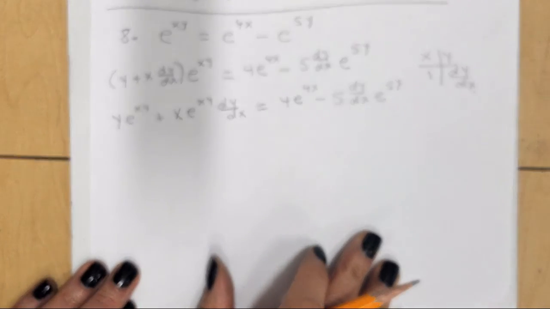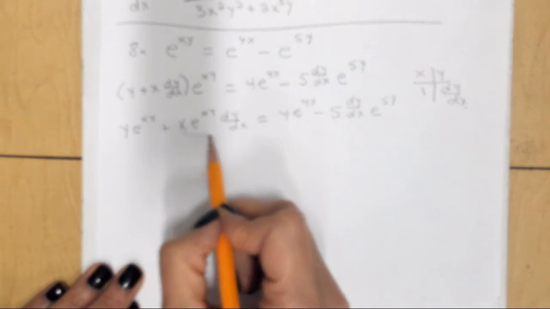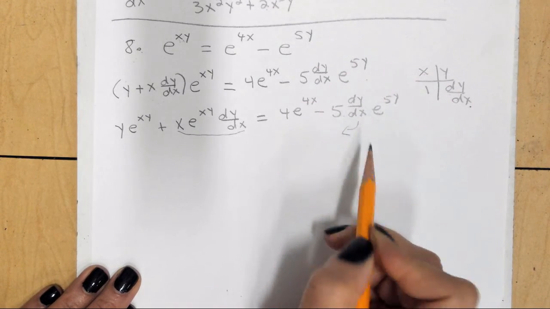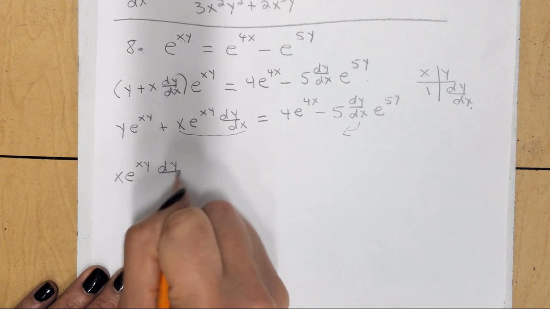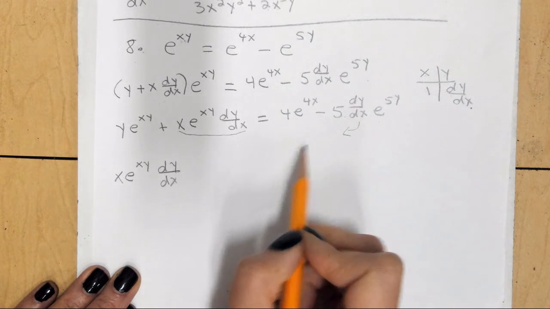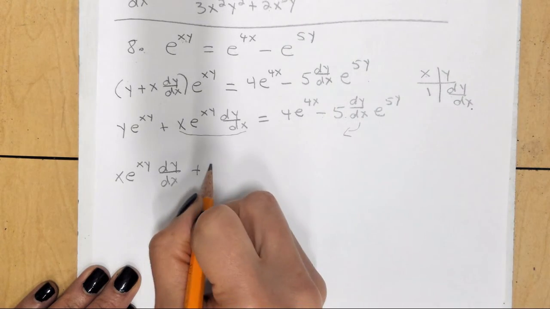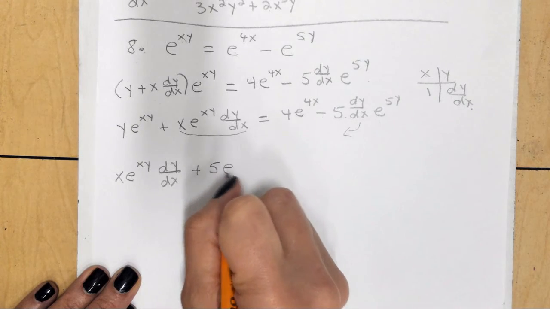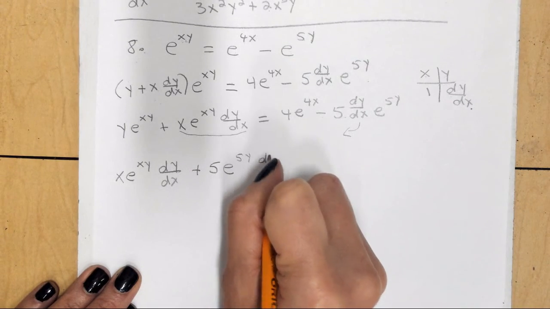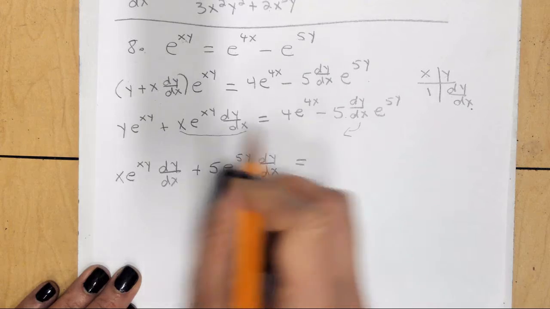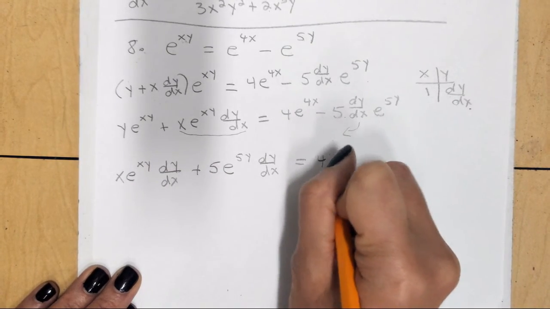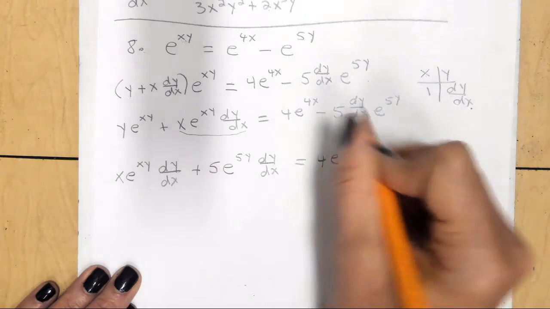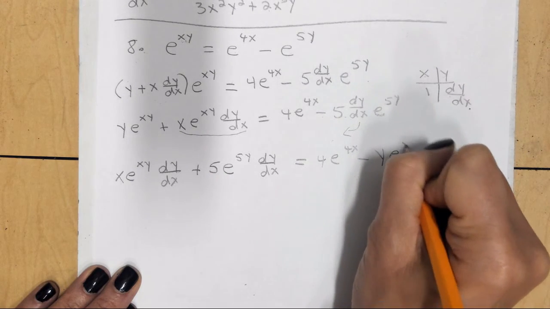Well, remember next step, get the dy dx's to the left. So I will keep this here, and I will move him over. So I have x e to the xy dy over dx. He's minus, so I'm plus 5. I'll write him nice, so I'll put him in front. e to the 5y dy over dx equals, I will subtract this guy over to here. So he's already here. So 4e to the 4x minus ye to the xy.